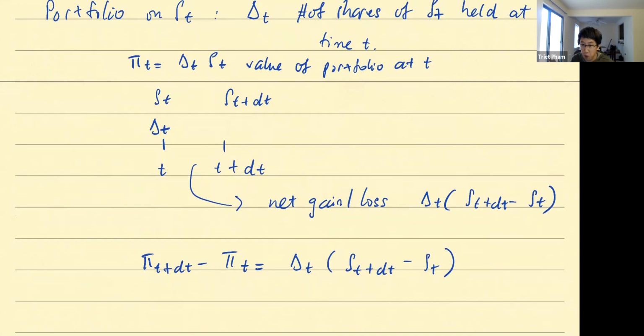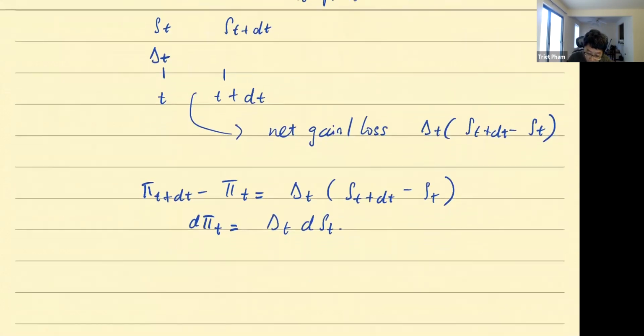Now, if I push this dt to 0, or go with the differential notation, this says that d pi t, a differential in the portfolio, will be delta t times dS t. Now, I will add all the differentials up.